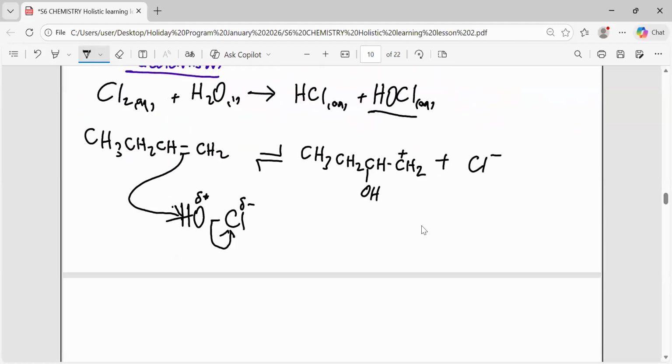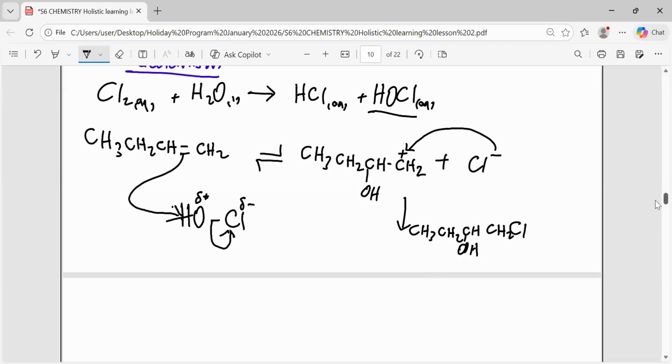Finally, we shall be having CH3, CH2, CH, OH, and then we have CH2. Now this one is going to come and attach to that carbon atom, and therefore you shall be having Cl.